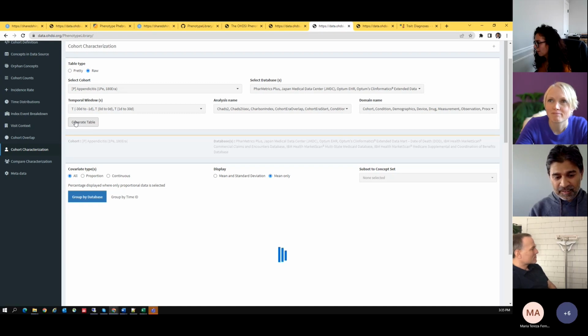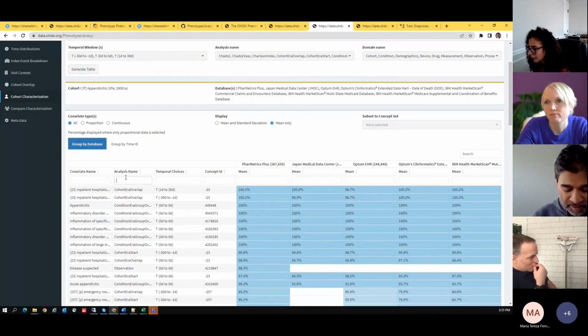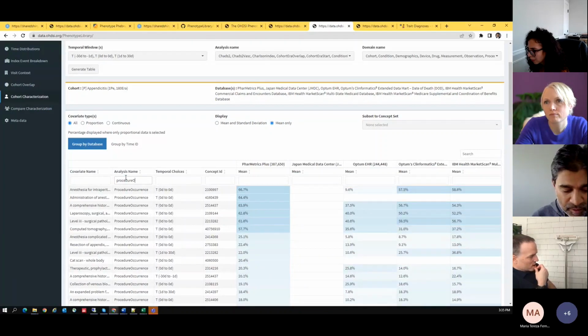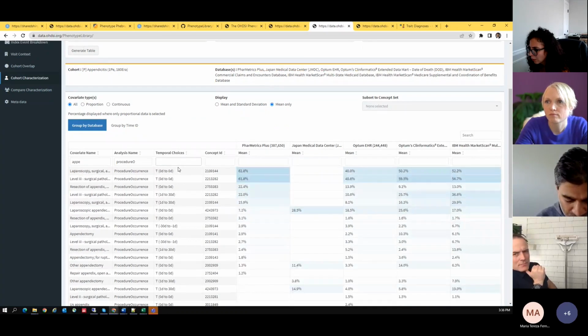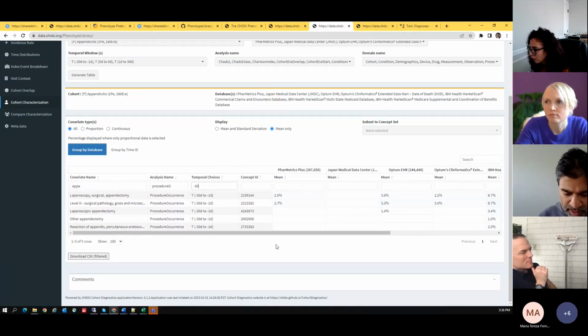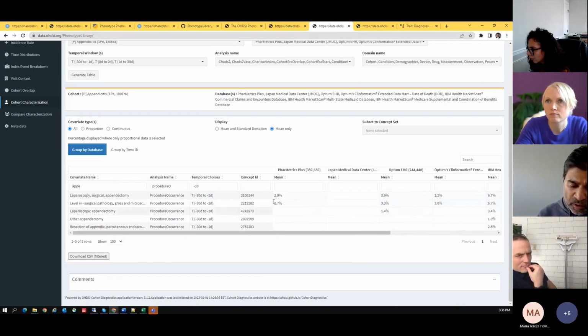Now we're going to look at the proportion of appendectomy that happened before index, and that can give us an idea of how bad we are on index date. All right, so let's see. I'm going to do 1 day to -30 days. For laparoscopic appendicectomy, we see about 2 to maybe 6% in the -1 to -30 days before.